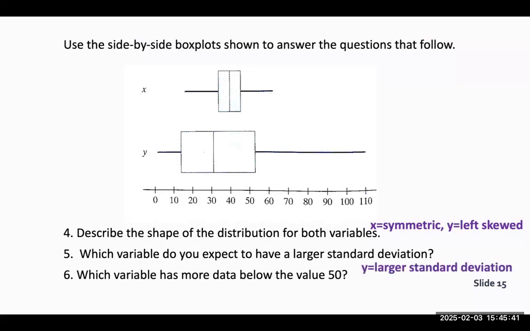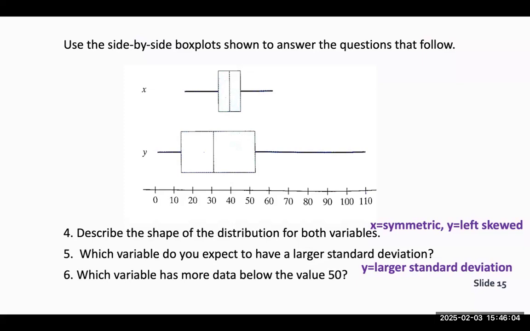Which variable do you expect to have a larger standard deviation? I would say variable Y would have a larger standard deviation because the data overall is really spread out. And which variable has more data below the value 50? This one's a little tricky. So let's see where value 50 is.